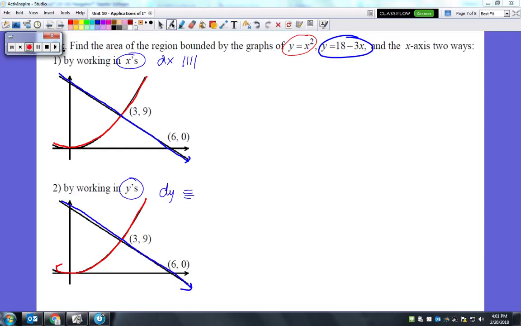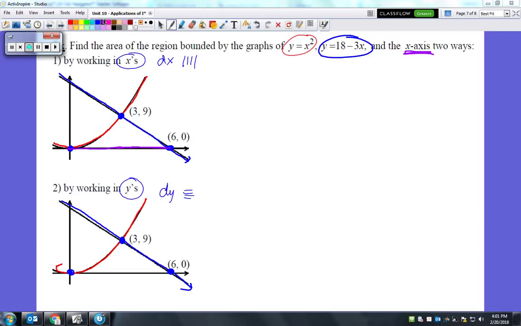Our intersection and point of interest has already been found for us. It happens at 3, 9, and then our x-intercept is at 6, 0, and then our y-intercept is at 0, 0. And we're trying to find with the bounds revolving around the x-axis as well.